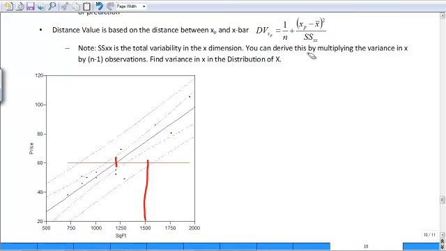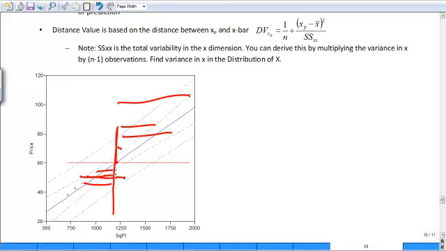The denominator, SSXX, represents the total variability in the x-axis. And it is from x bar, measuring each distance and squaring it. Now, of course, you don't want to do this to find SSXX. And this may look a little bit familiar if you think about how we find variance.